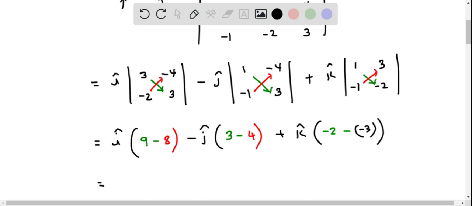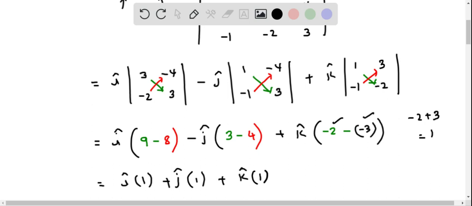And so this gives i vector times 9 minus 8, which is 1, minus j vector times 3 minus 4, which is negative 1. So this will be positive 1. So I'm going to write this as plus j times positive 1. And then we have plus k times negative 2 plus 3, which equals 1.